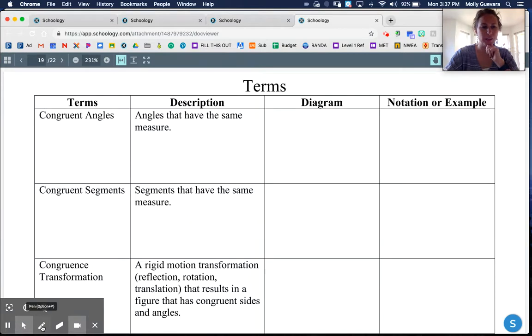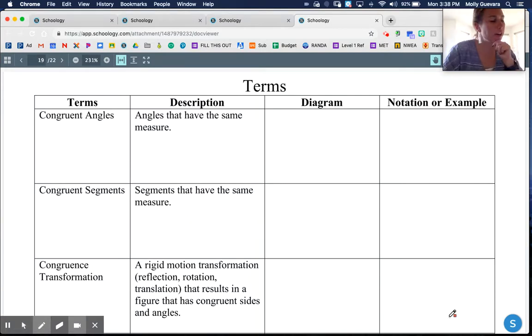Okay, so here we are down at the terms page. Hopefully you found it. We have those 4 terms to go over today, like I said. The first one we're going to start with is congruent angles. These are angles that have the same measure, right?